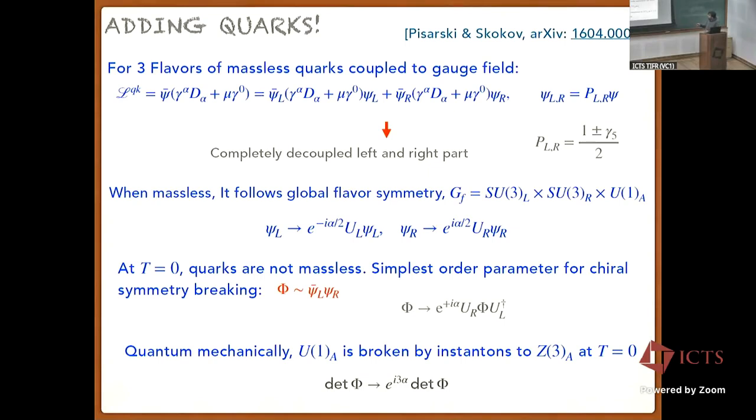This U1 symmetry is broken by the Z3 asymmetry, and that can be seen if I have some phi term. After the transformation, you'll have some e to the power 3i alpha, and this will be identity only when alpha is an integer.